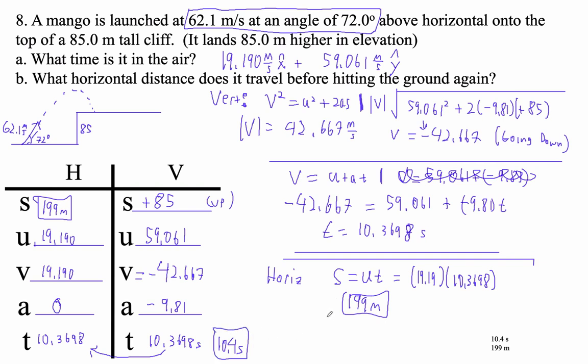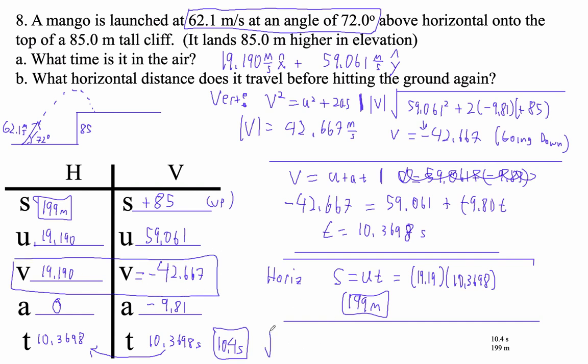The other thing it will tend to ask is like what's its speed of impact? So we can do that. Let's do that. The speed of impact is going to be the hypotenuse of this guy, right? So it's going to be the square root of 19.19 squared plus 42.667 squared. All right, here we go.